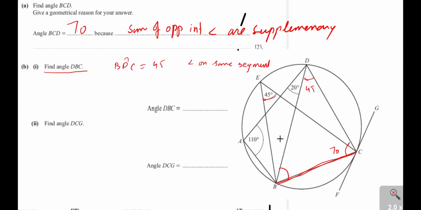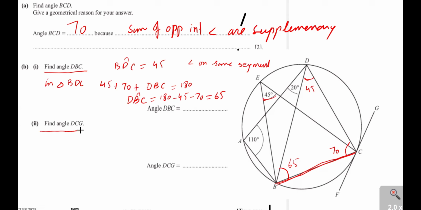And look here, in triangle BDC, the sum of interior angles will be equal to 180. We write 45 plus 70 plus angle DBC equal to 180, and therefore the angle DBC equal to 180 minus 45 minus 70. This will be equal to 65. This angle is 65.